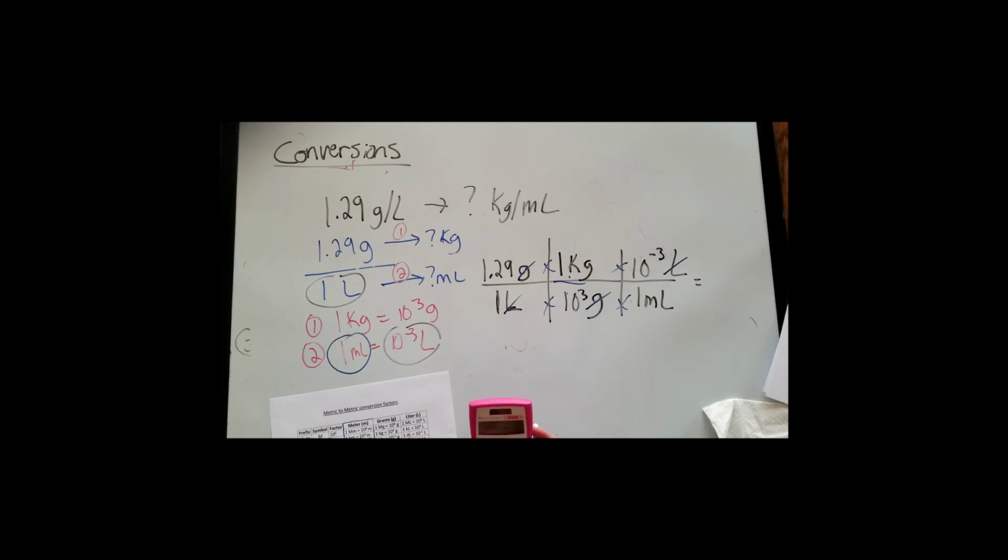I have a feeling those are going to cancel. There we go. So my calculator spits out this guy here. Yours might give it to you in scientific notation depending upon how you have your settings set up.